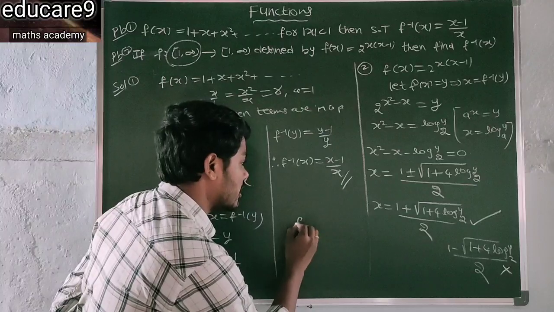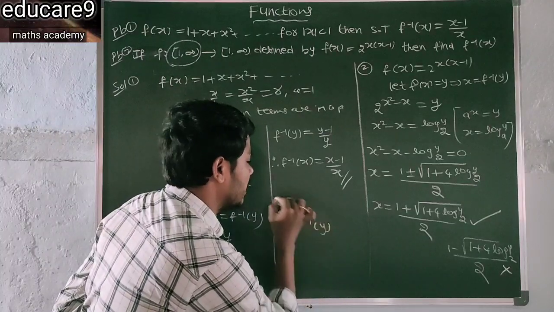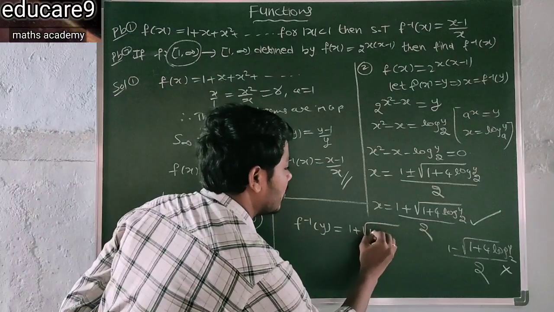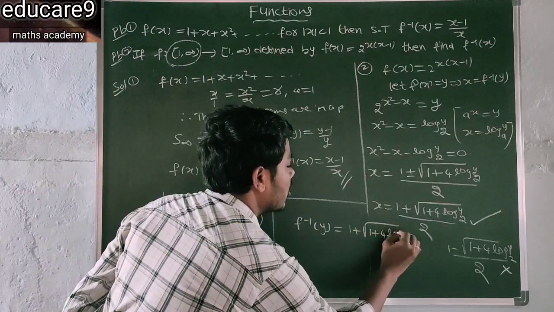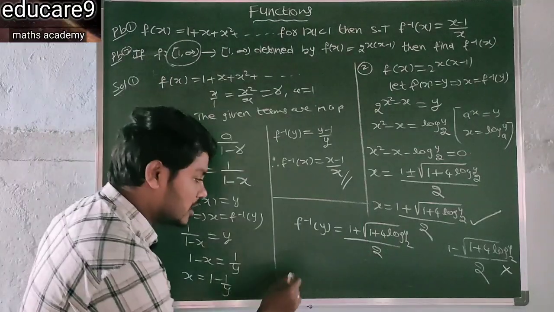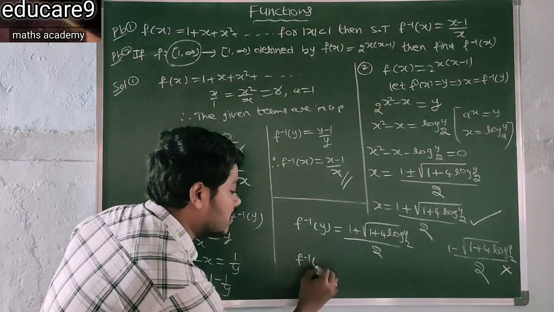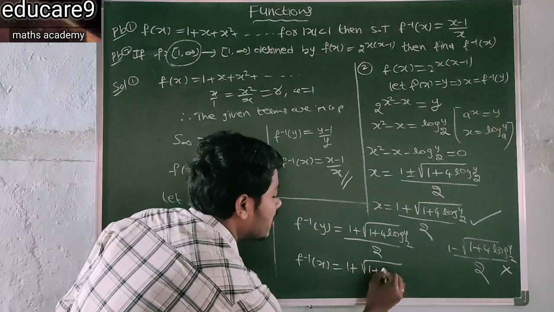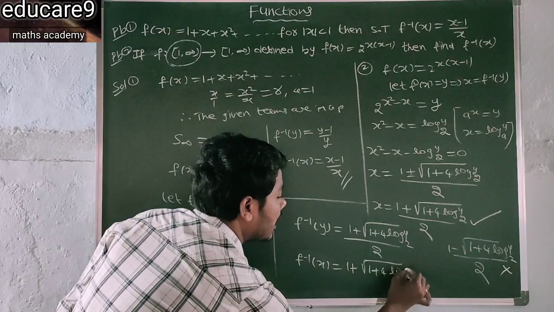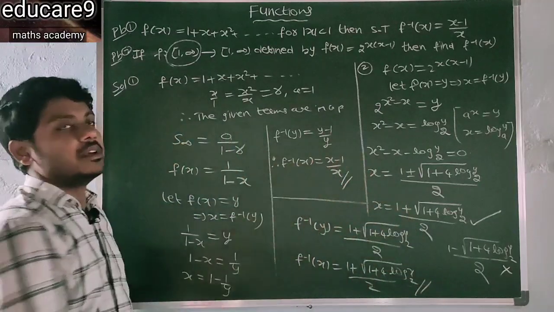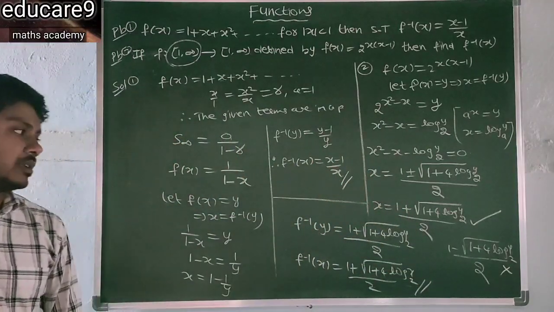Therefore f inverse of y is equal to 1 plus under root of 1 plus 4 log y base 2 by 2. So therefore f inverse of x is equal to 1 plus square root of 1 plus 4 log x base 2 divided by 2. This is the inverse of the given function.